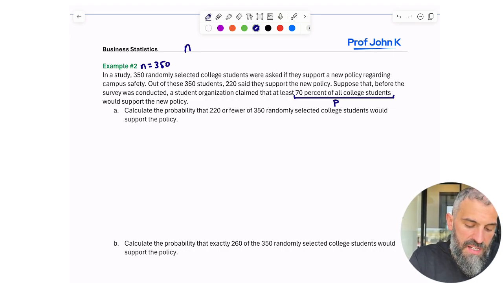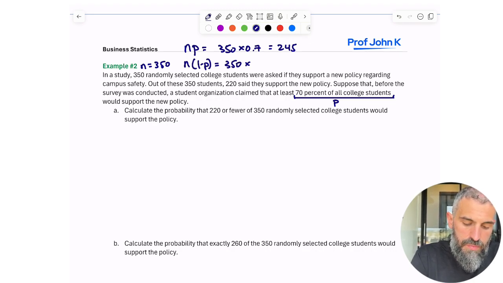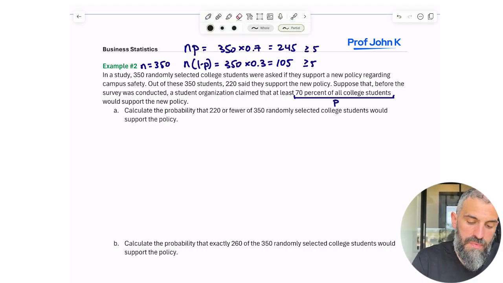So if we did n times p, if I took 350 times 0.7, that's 245. And then if I did n times 1 minus p, so 350 times 0.3, that's 105. Both of these are at least 5, which means I'm able to answer this binomial question using a normal distribution instead. So let me show you how to do that.